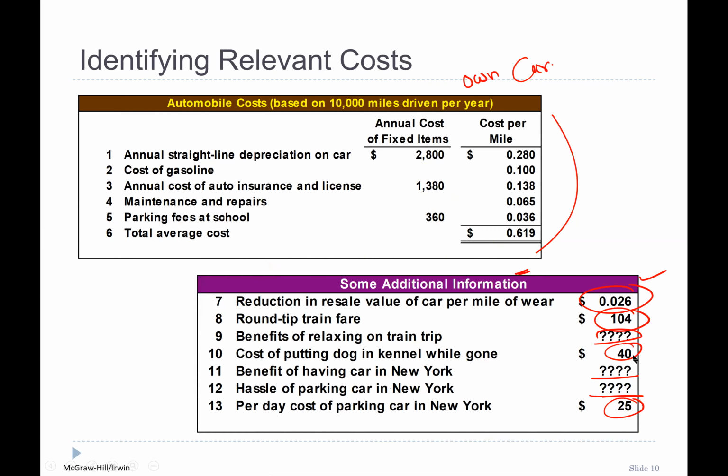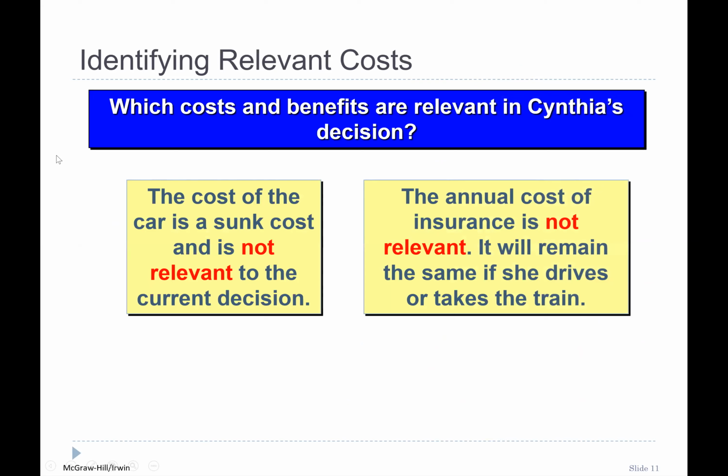So in the light of all this information, let's talk about the relevant cost. Which costs and benefits are relevant in Cynthia's decision? And what is the decision? Either go by train or through own car.